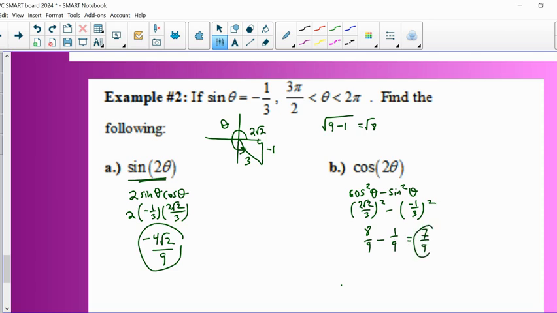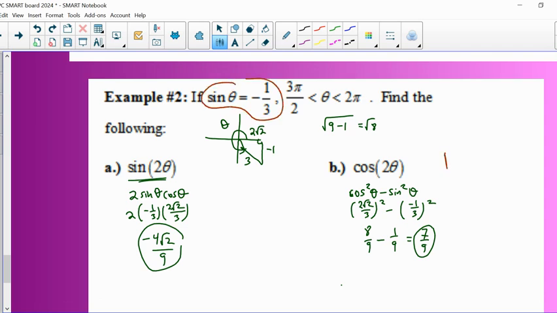Okay. Now, why are there other variations? I think just to show equivalencies, but here's a suggestion, here's a thought. The given was that sine of theta is negative 1/3.